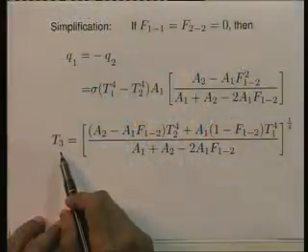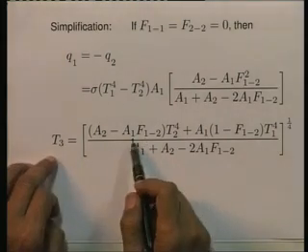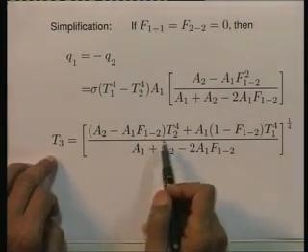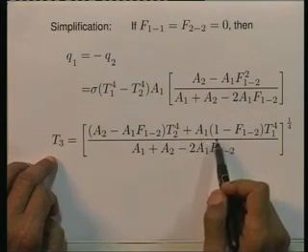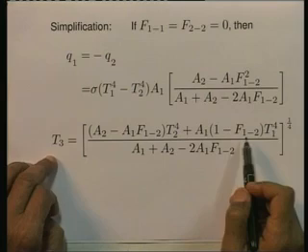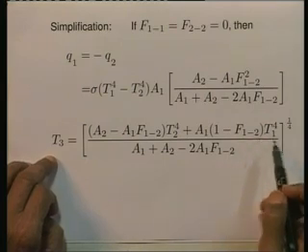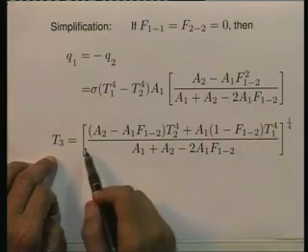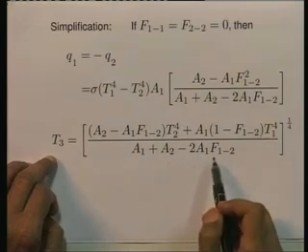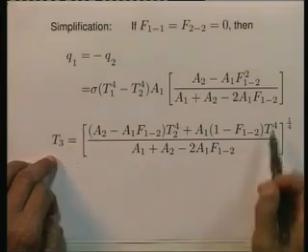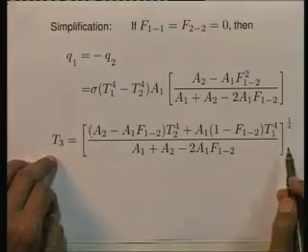And we can show further that T3 will come out to be equal to A2 minus A1 F1 to 2, the whole thing multiplied by T2 to the power of 4 plus A1 into bracket 1 minus F1 to 2, close the bracket T1 to the power of 4 divided by A1 plus A2 minus 2 A1 F1 to 2, the whole thing to the power of 1 upon 4.